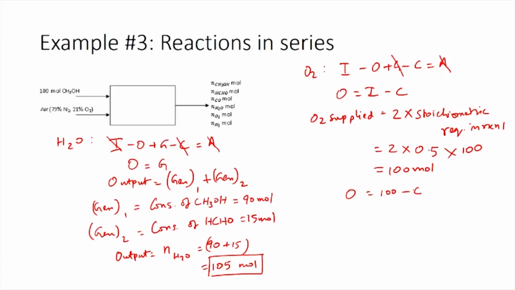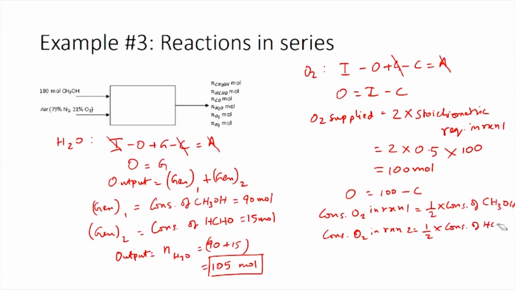Now, let us look at what the consumption would be. Consumption of oxygen in reaction 1 would be half the generation of formaldehyde or half the consumption of methanol. So, this would be half times the consumption of methanol, and consumption of oxygen in reaction 2 would be half the consumption of formaldehyde in the reaction.